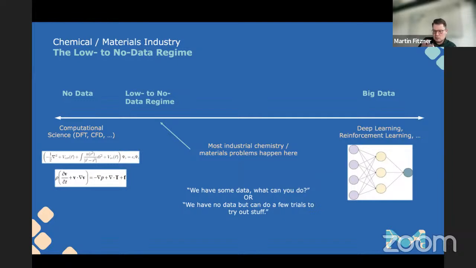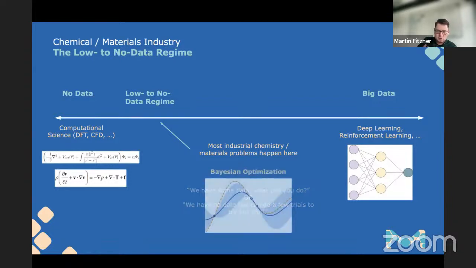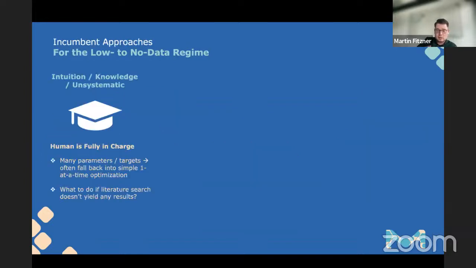And that's where of course, everyone's ears should ring, because that is exactly a use case amenable to the technique we just heard about. That is, of course, Bayesian optimization. And actually, the majority of use cases, I think, in industries that produce physical products are in the low to no data regime, which is why this technique is so great for that. So let's talk a little bit about that.